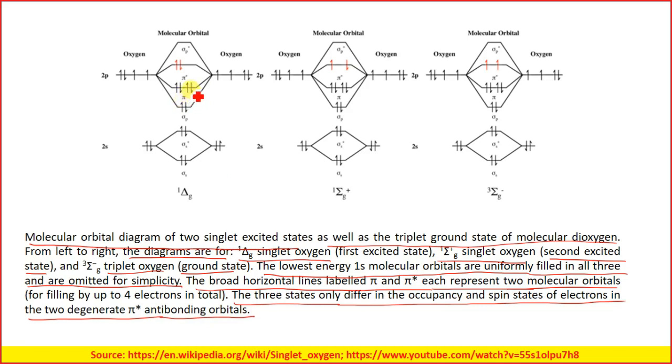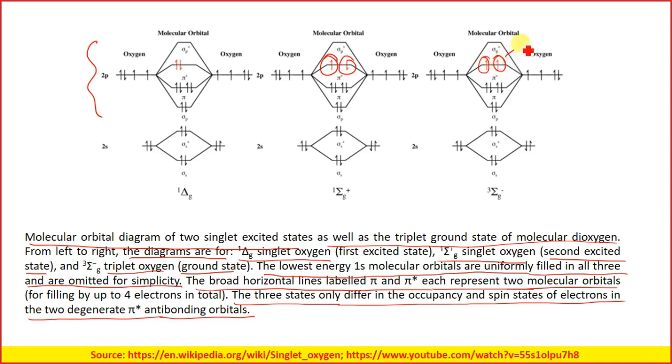What happens over here? Why am I showing you this? If you look into this 2p orbital, this one is in the singlet state, this one is also in the singlet state, sorry, triplet state.